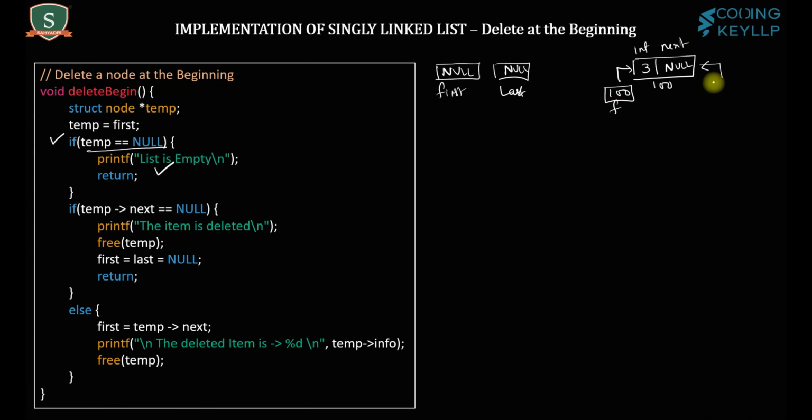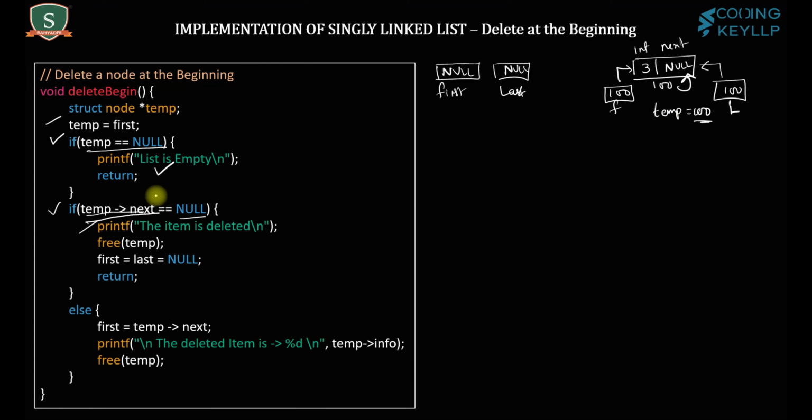Observe this condition, temporary of next is equal to null. What is first? Temporary is equal to first, so temporary is equal to 100. Then we check temporary of next is equal to null. Temporary value is 100, 100 of next is null. If that is the case, only one element is there, and we are deleting the item.